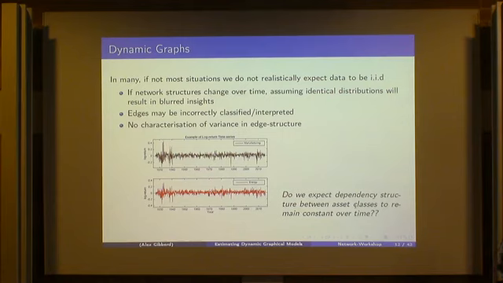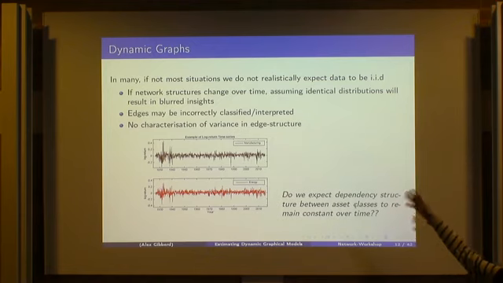Edges may also be incorrectly classified or interpreted in such contexts, and there is no characterization of variance in the edge structure, because the edges are changing over time. That is crucial and one needs to take it into account in modeling.